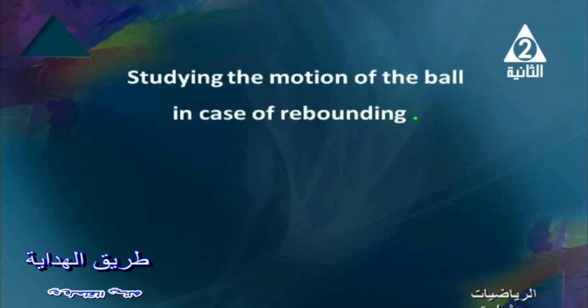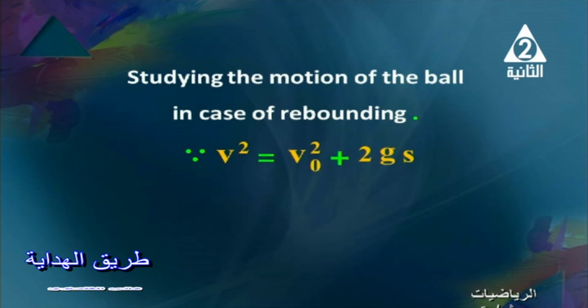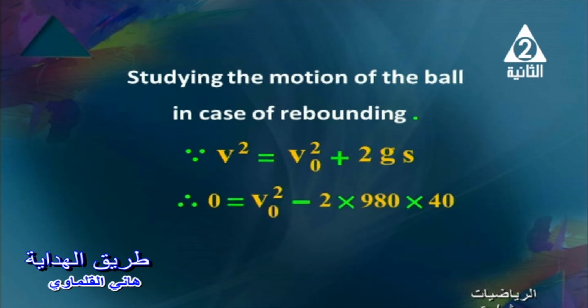Now, studying the motion of the ball in case of rebounding. What is the relation between the velocity and displacement? V squared equals v naught squared plus 2gs. In this case, the ball reaches the maximum height, then the velocity equals 0.